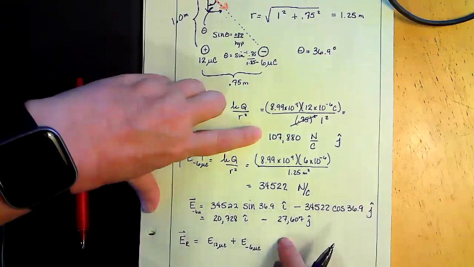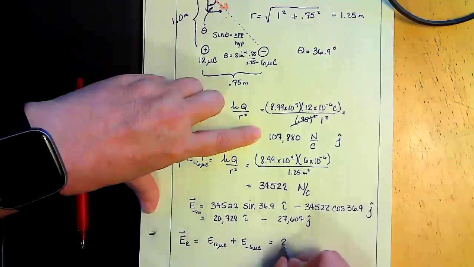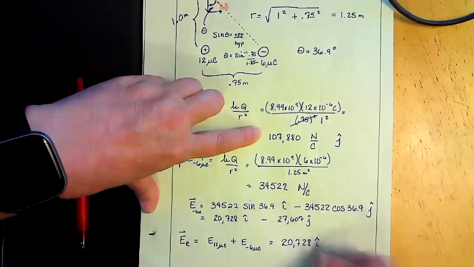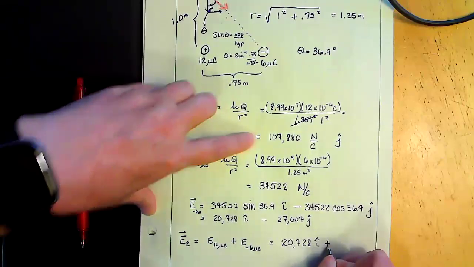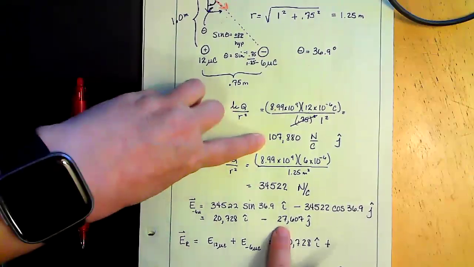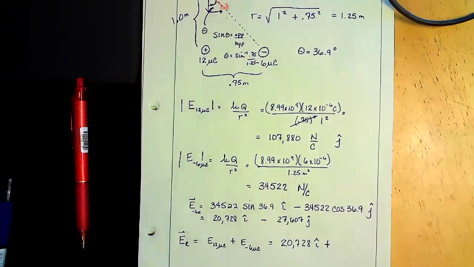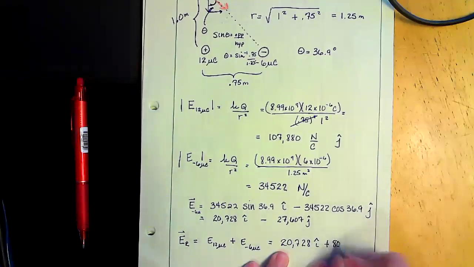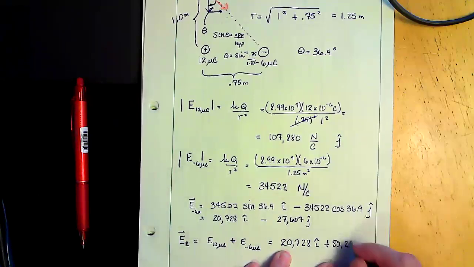This one doesn't have any I to it, so we know that the I component is 2.728 in the I direction. And this one, 107 is bigger than that, so I know that's going to be positive. So I get 107,880 minus 27,607. This gives me 8273 in the J direction.